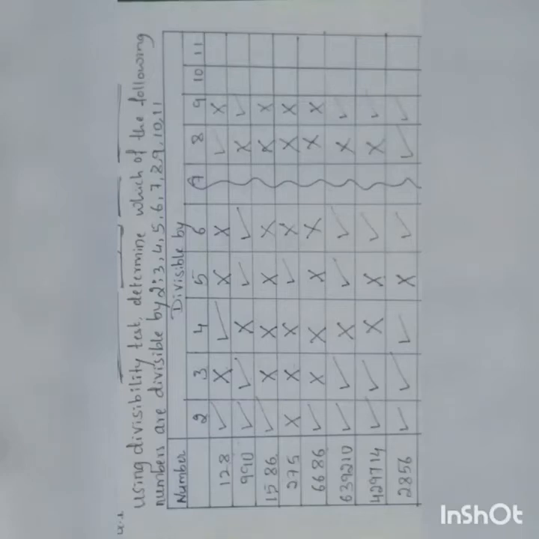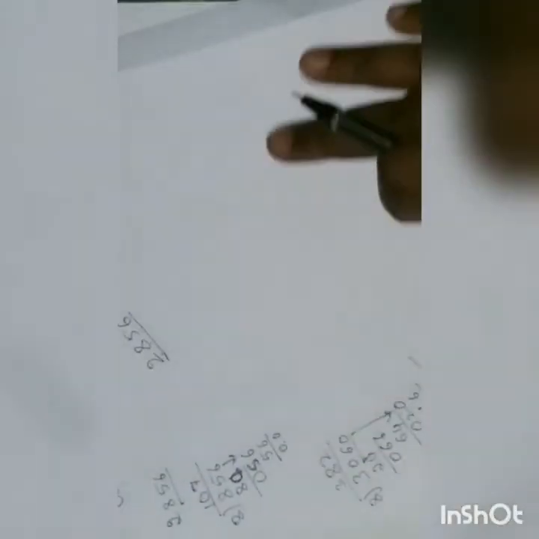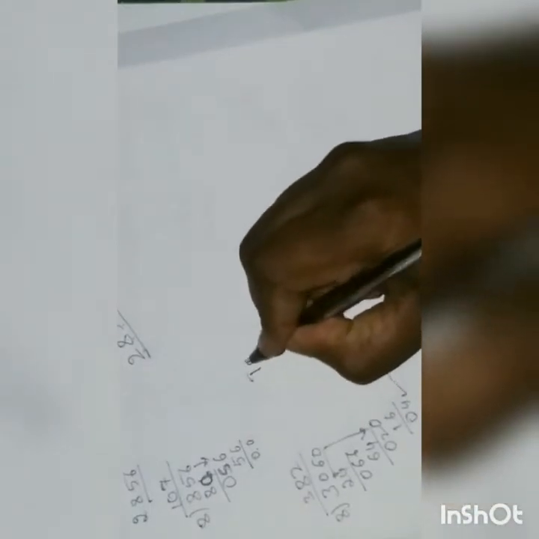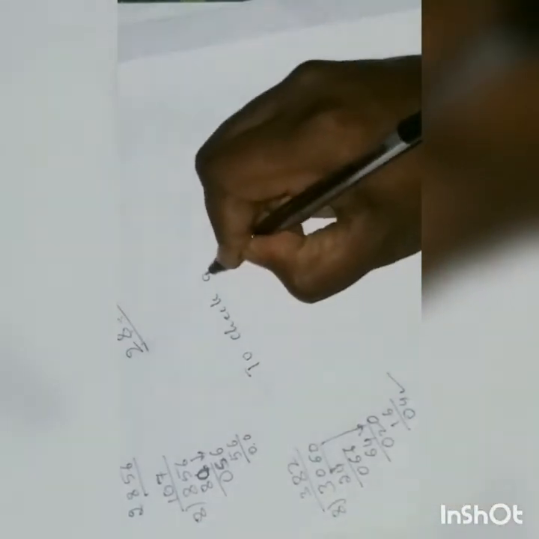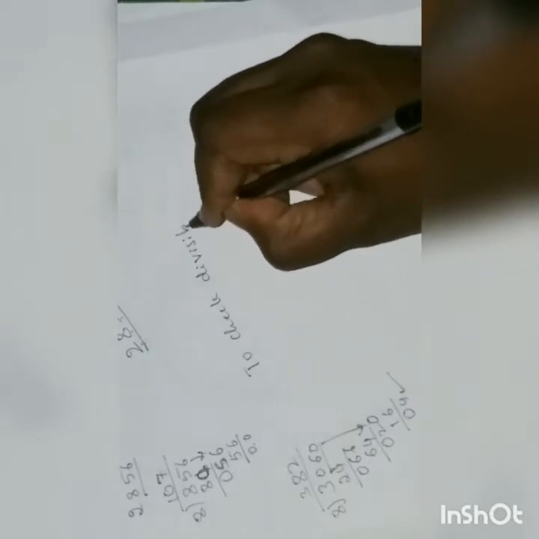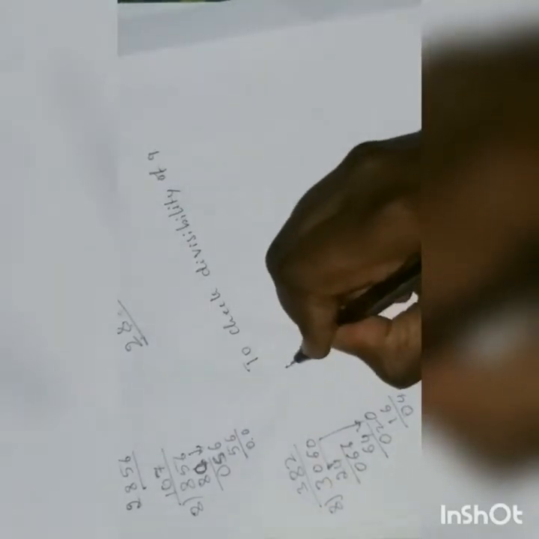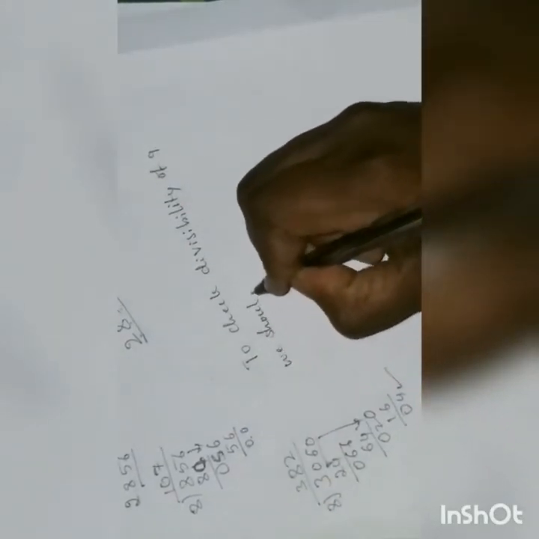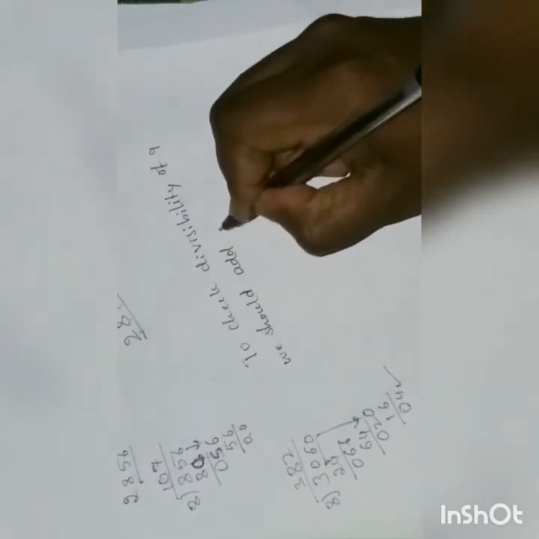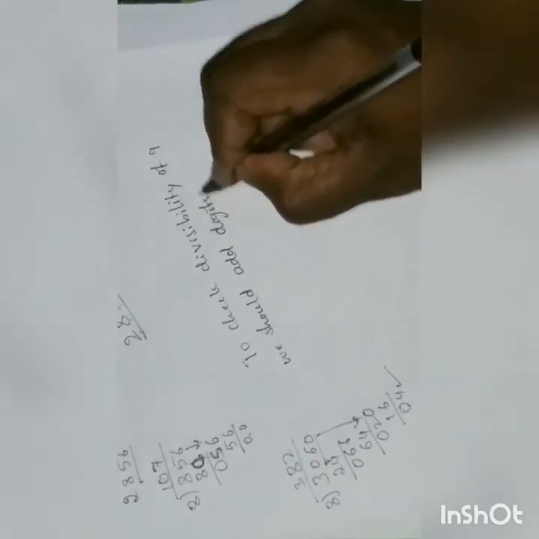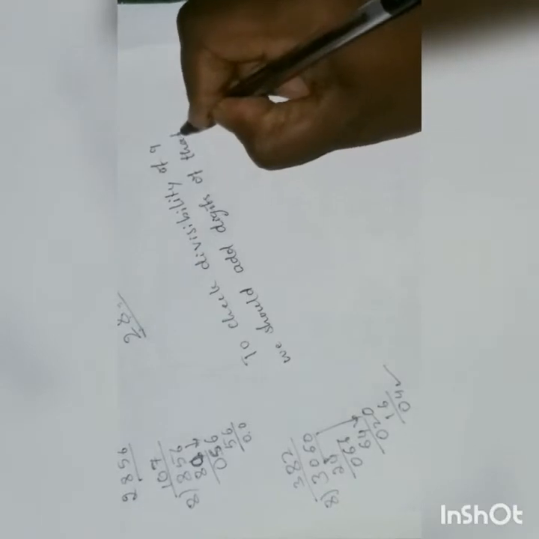Now we'll check the divisibility of 9. To check the divisibility of 9, we should add the digits of that number.